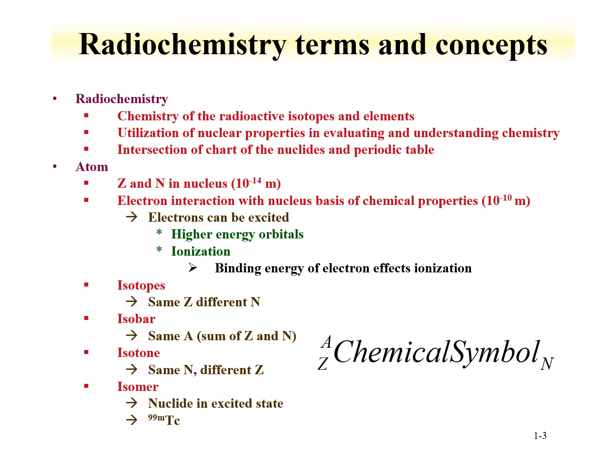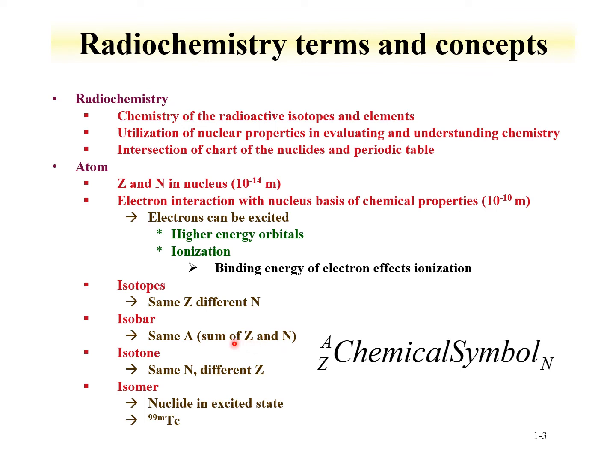So some of the terms that we have for atoms within radiochemistry, we've already discussed. Isotopes. So an isotope is the same Z, the same proton number, and different neutron numbers. An isobar is where we have the same A, the sum of the protons and neutrons.